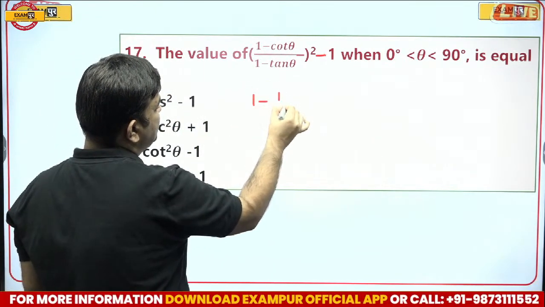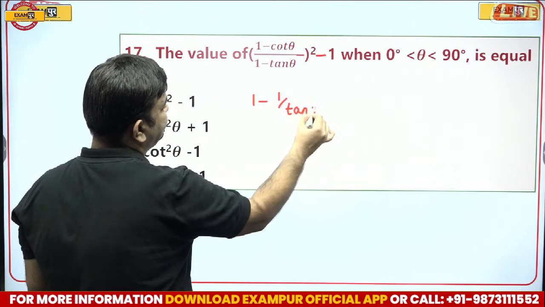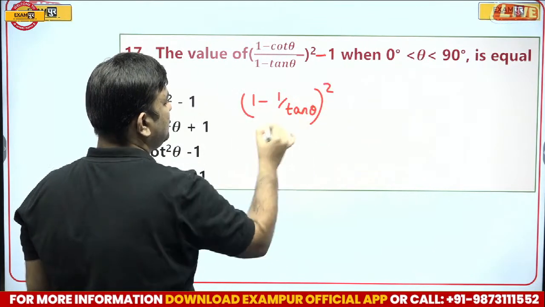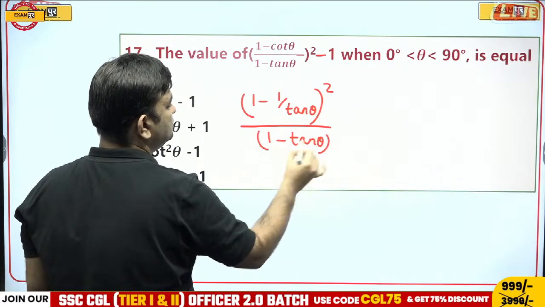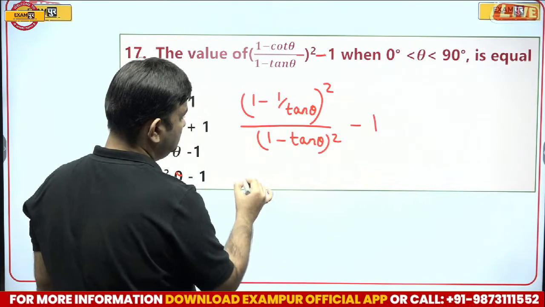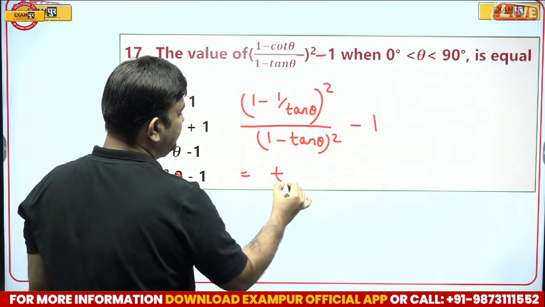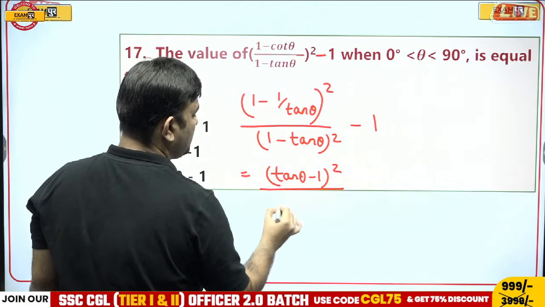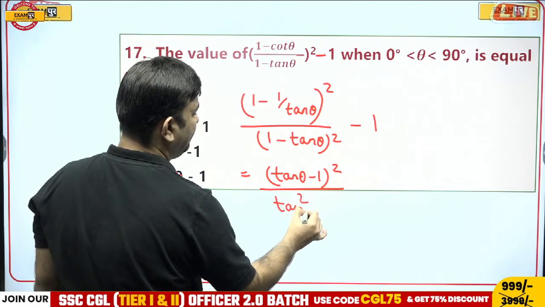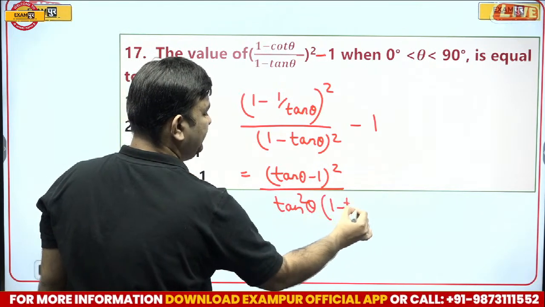Cot theta is 1 minus 1 upon tan theta. So it is tan theta minus 1 upon tan square theta, and 1 minus tan square theta.